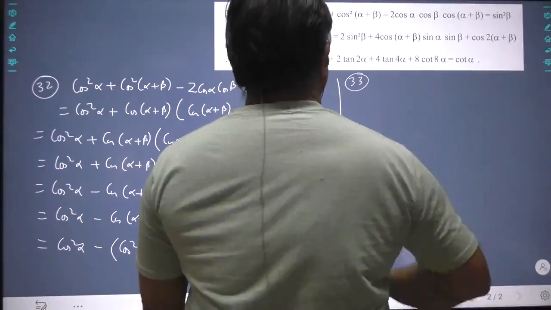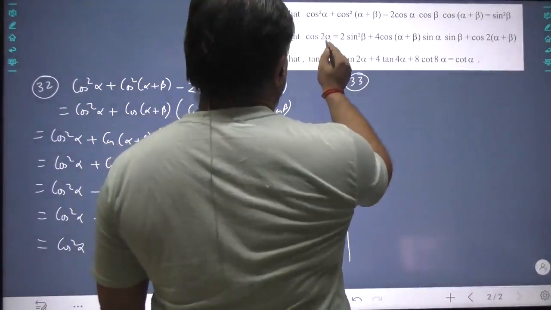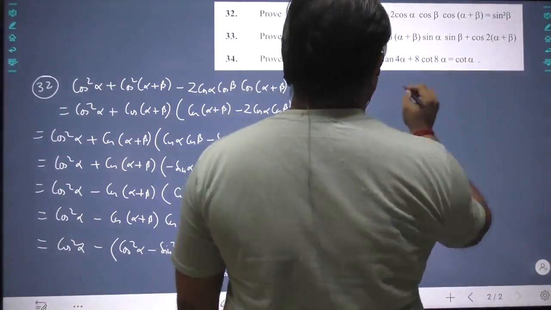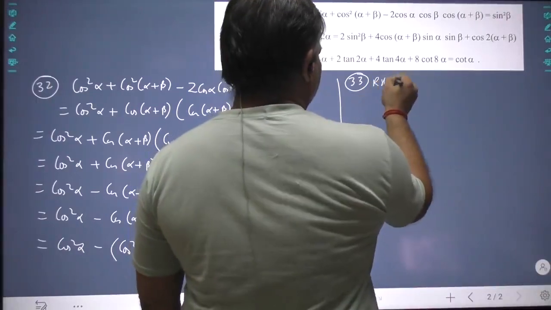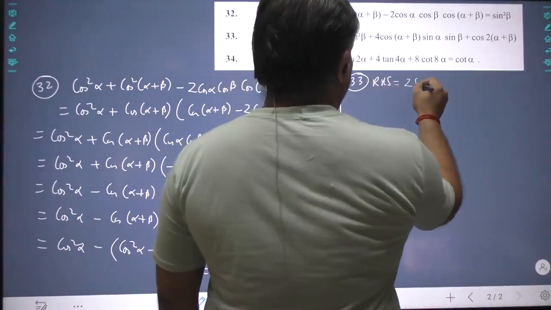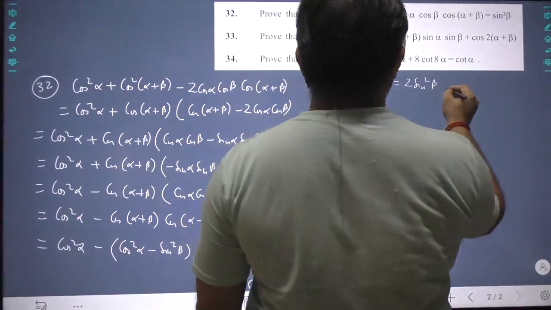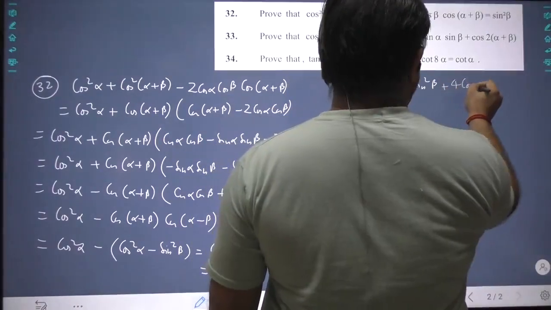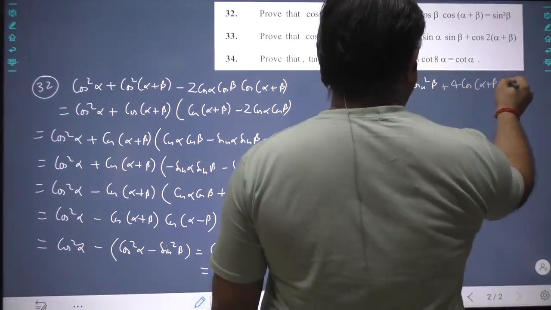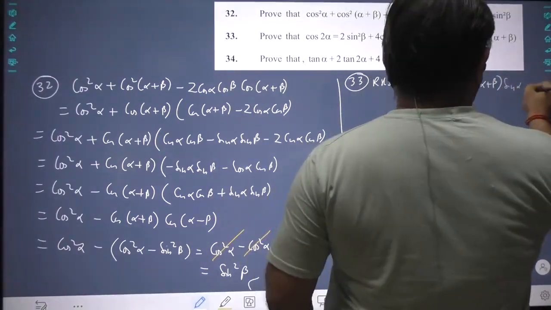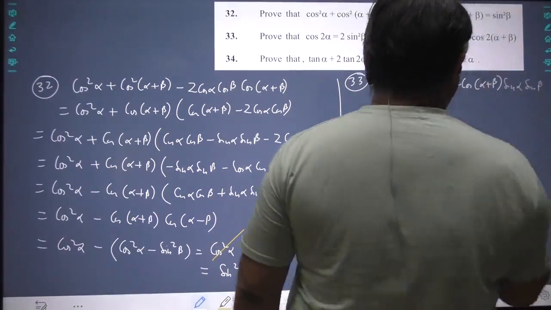Let us try to solve 33. Definitely, the LHS is very small. We will proceed from RHS. The right hand side says to us 2 sin square beta plus 4 cos alpha plus beta into sin alpha sin beta.